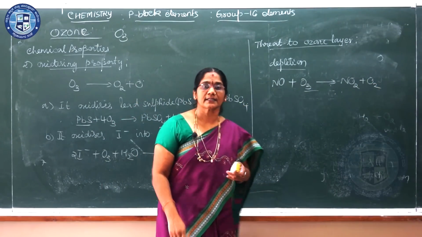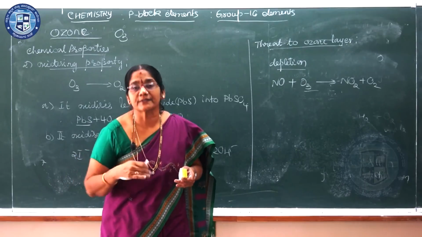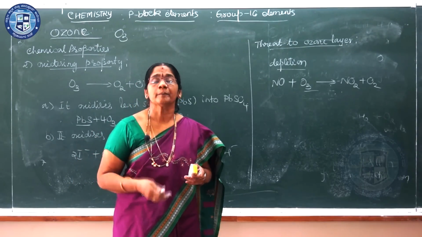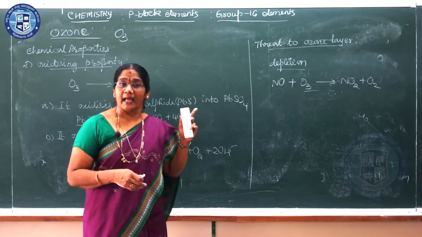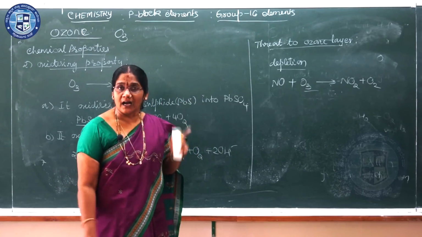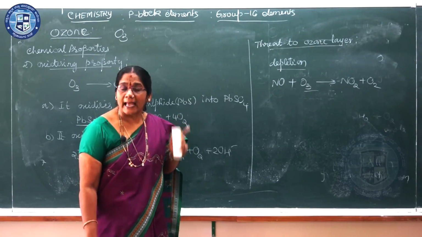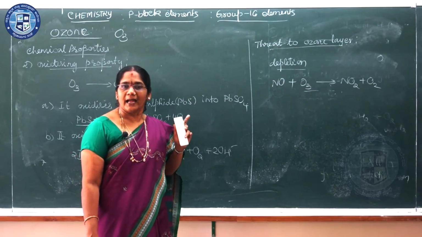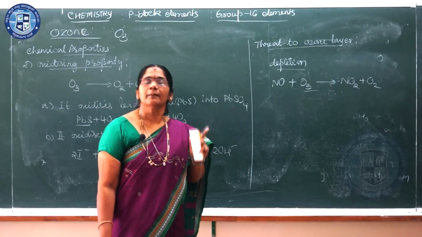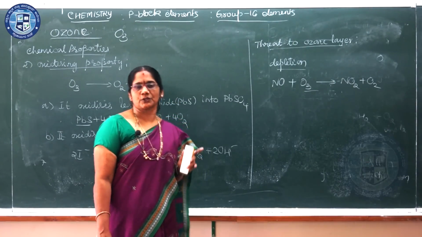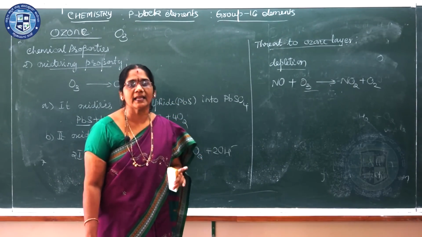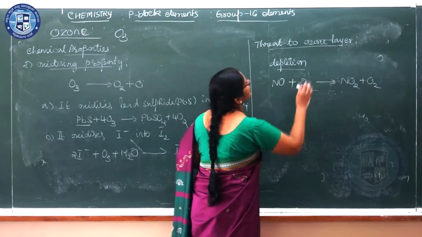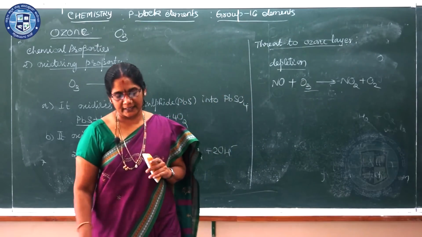And not only this, you know very well the CFCs, freons, chlorofluorocarbons we use in the refrigerators, and aerosol sprays also are found to damage the ozone layer. So we have to be very careful, and scientists have already planned, or they are in action, to protect the ozone layer by using eco-friendly materials. So that is about the threat to the ozone layer.